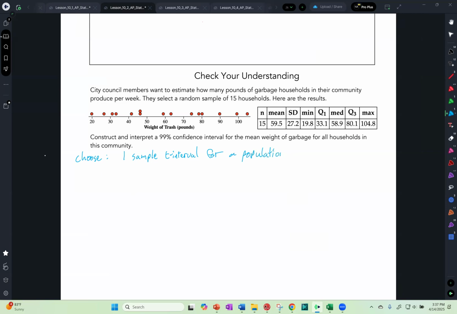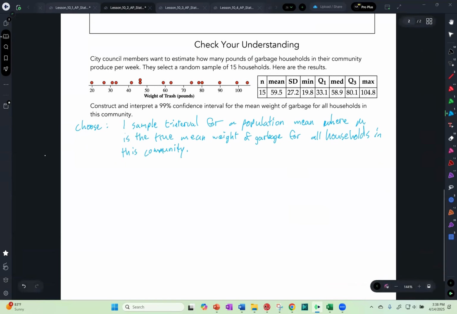We are trying to estimate some population mean, where mu is the true mean weight of garbage for all households in this community. My guess is this is a weekly mean weight, but who knows?